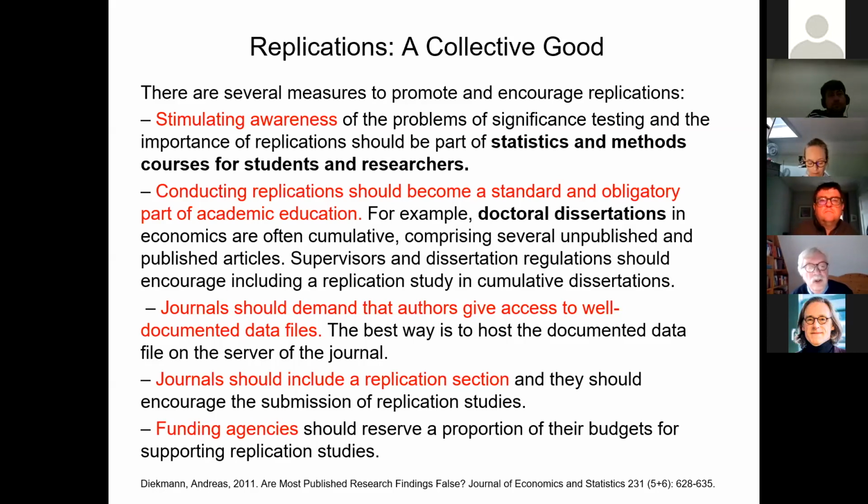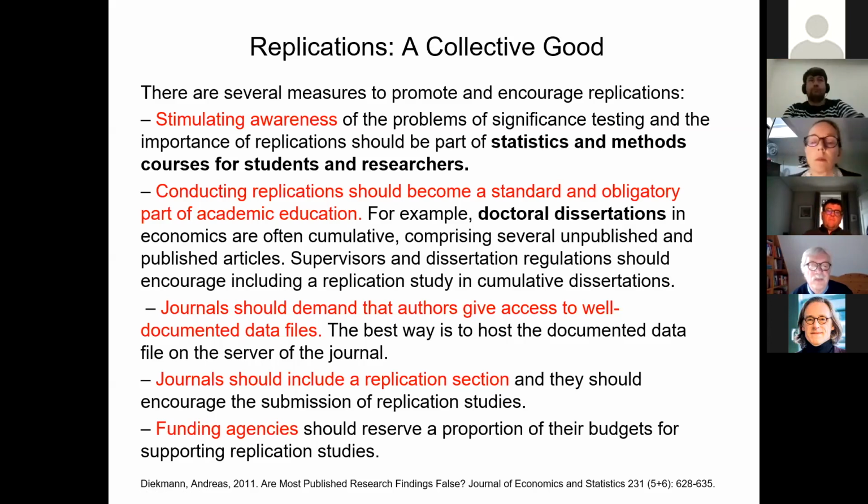Also, journals should demand that authors give access to well-documented data files. There were several presentations before. There are a lot of problems with this, but in principle, this is an important issue. Journals should also consider including a replication section, and funding agencies are asked to spend resources on replications.